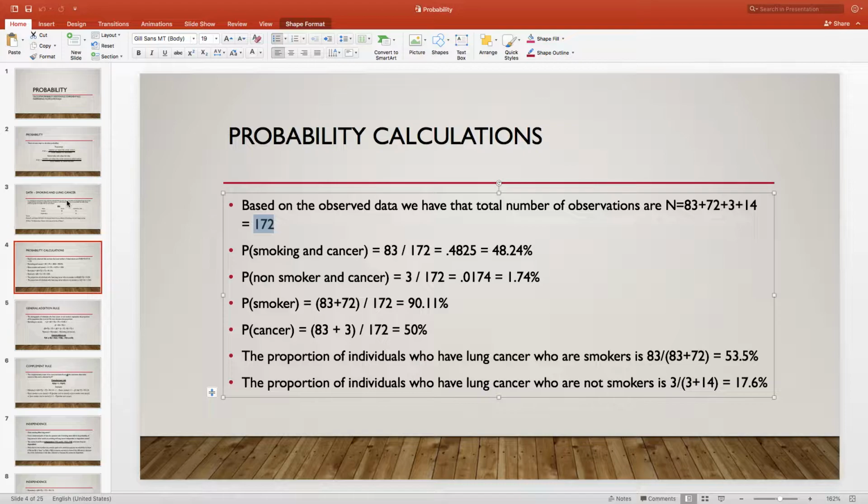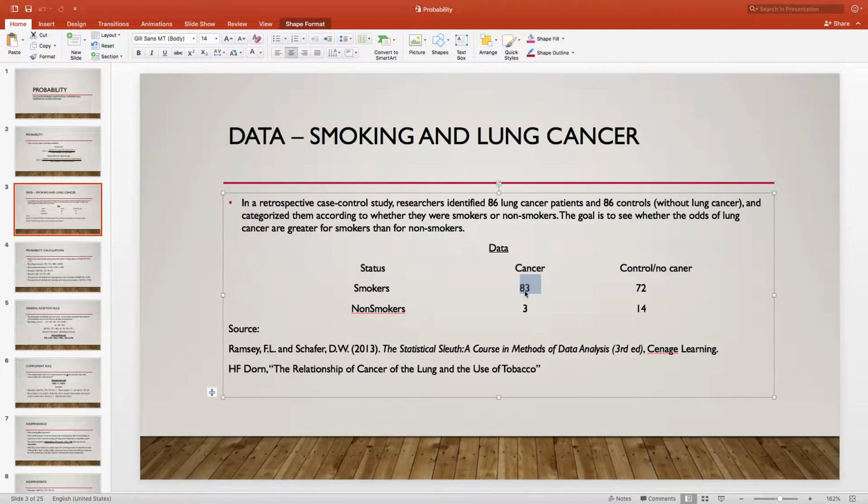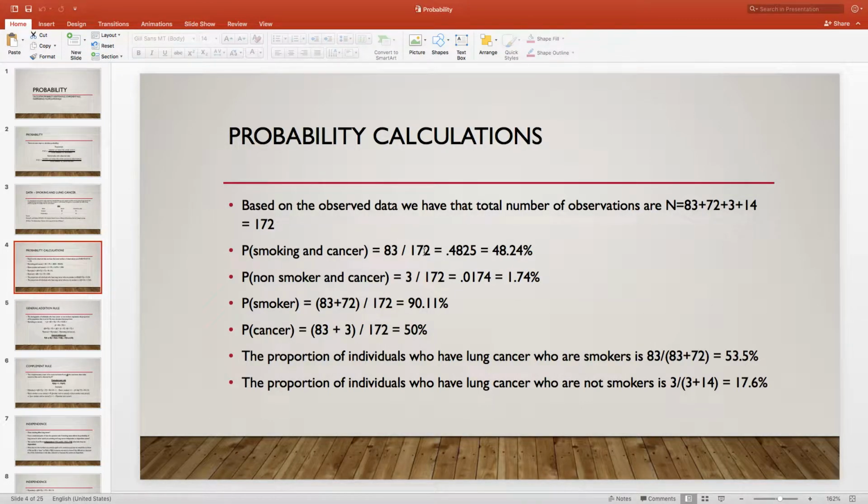Now, according to this data, the probability someone randomly chosen in this study is a smoker and has cancer is going to be the observed number, 83, divided by the total number of observations, which is the 172.